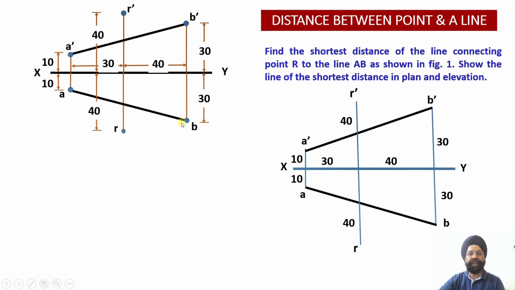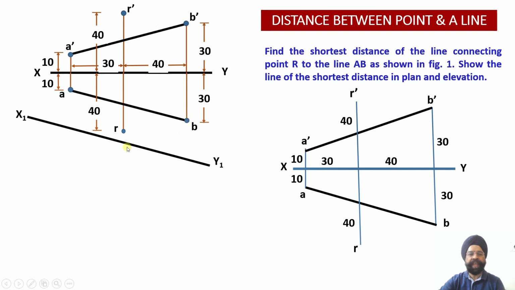The first thing we need to do in order to evaluate the shortest distance between the point and the line is to determine the true length of the line. Once the true length of the line is determined, we draw an auxiliary vertical plane parallel to this projection, that is ab, which is there in the plan. Now we are going to draw projectors through a, r and b.